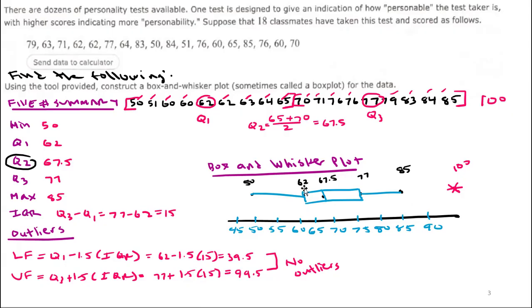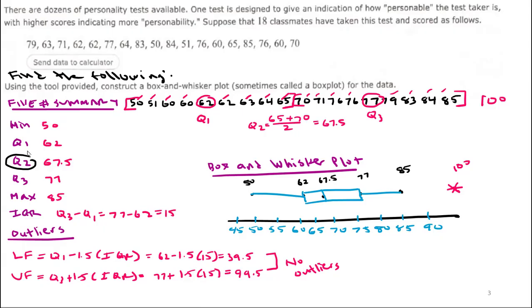That's why this one where 62 was is Q1, quarter one, whereas 67.5 is Q2, quarter two, and 77 is Q3, quartile three. So this data is broken up into four parts, and that's why these are termed quartiles.